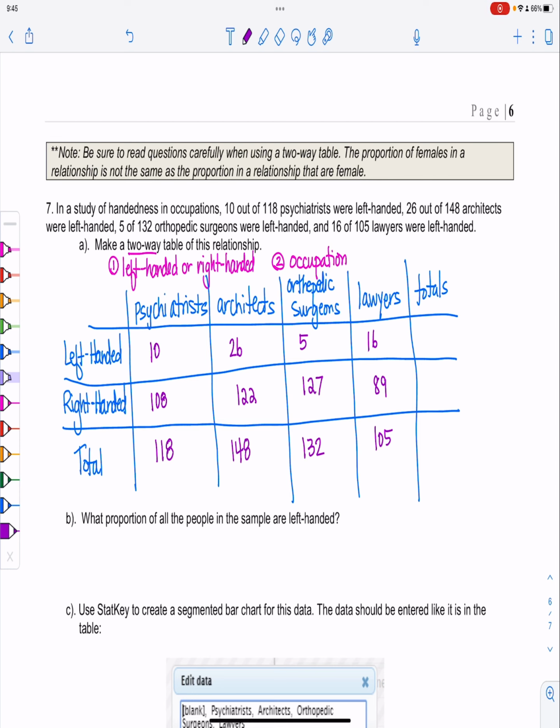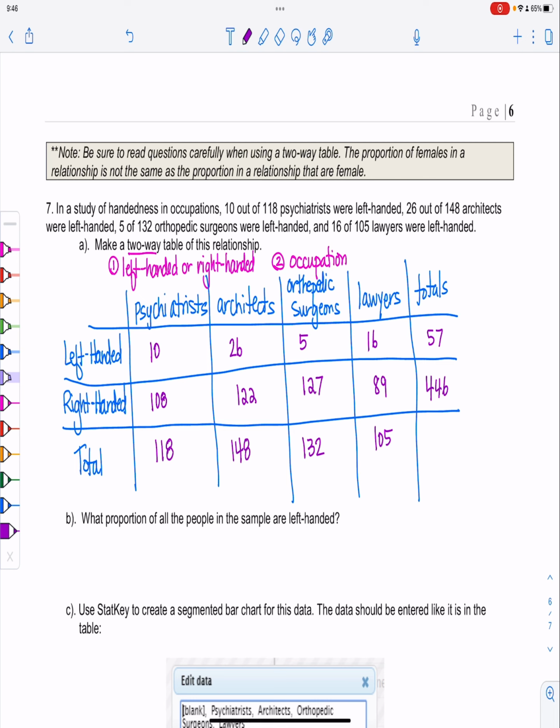Okay, so now let me take care of finding my row totals. 10 plus 26 plus 5 plus 16 is 57. Then 108, 122, 127, 89. I'm getting 446 here, is that right?